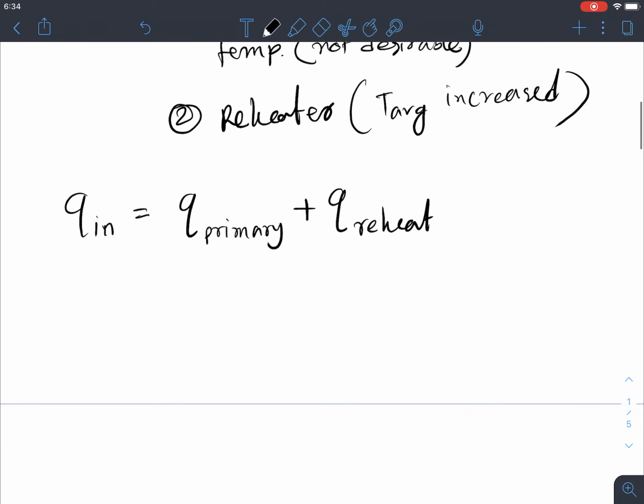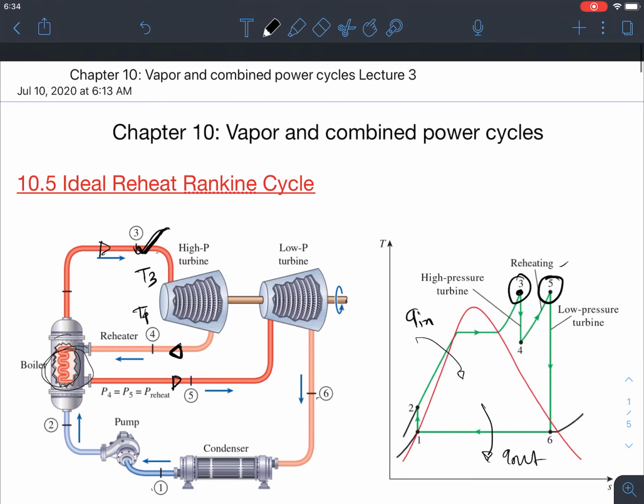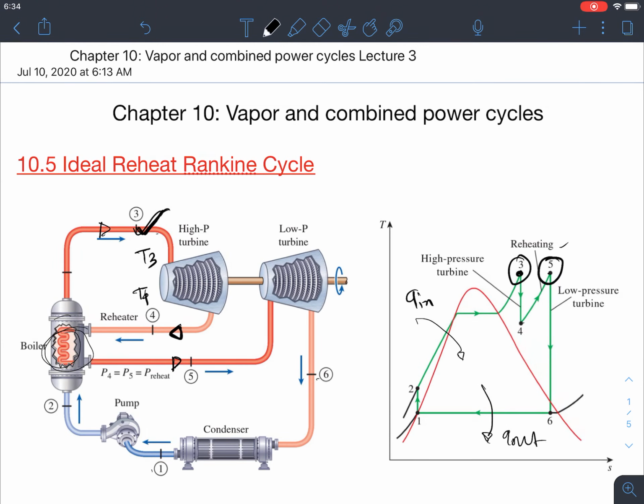So that's the total heat. The Q primary is nothing but H3 minus H2, plus the reheater, which is H4 minus H5. Excuse me, the reheater is actually H5 minus H4.